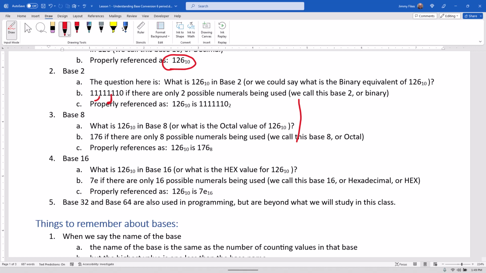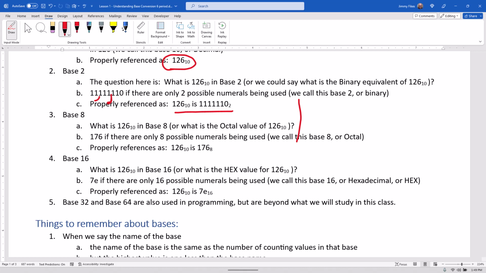Notice down at C under base 2, properly referenced, the way that a programmer needs to learn to say this is that 126 base 10 is 1111110 base 2. That's the way a programmer needs to talk. Make sense? Okay. If it doesn't make sense, just accept it for now, and the more of this stuff you do, the more you'll see it.